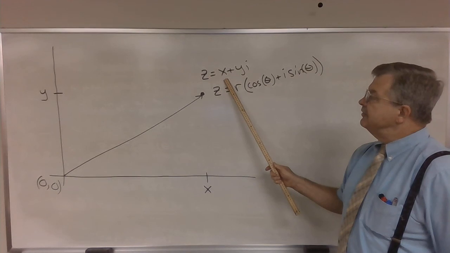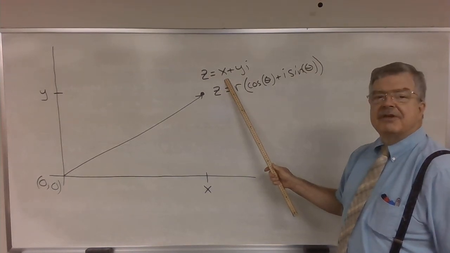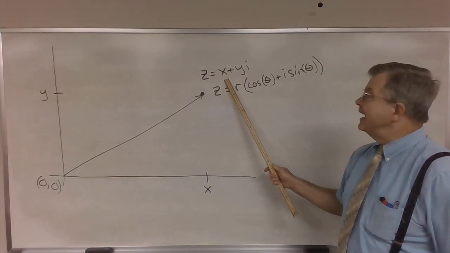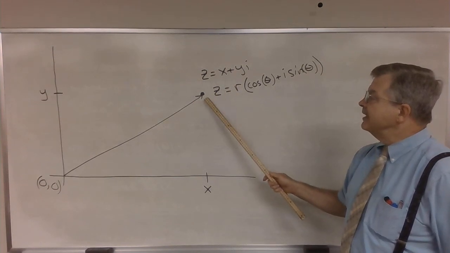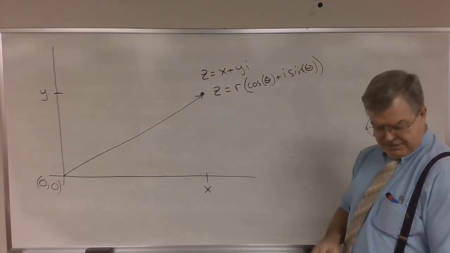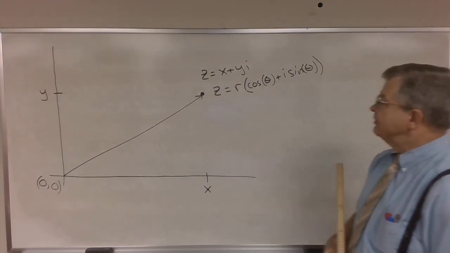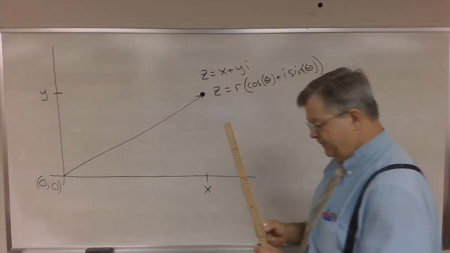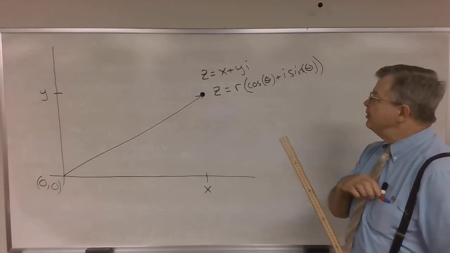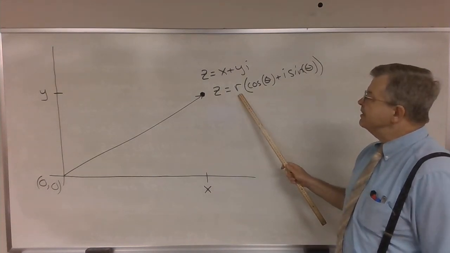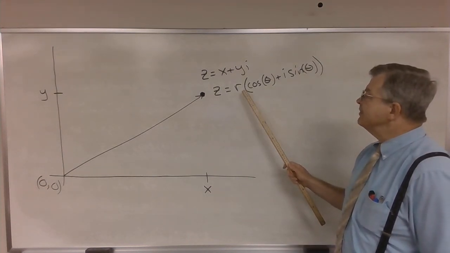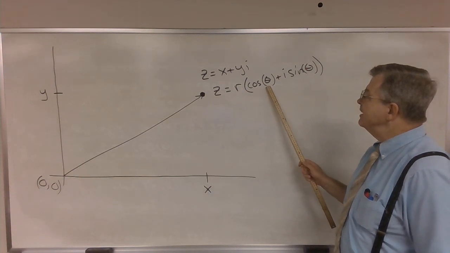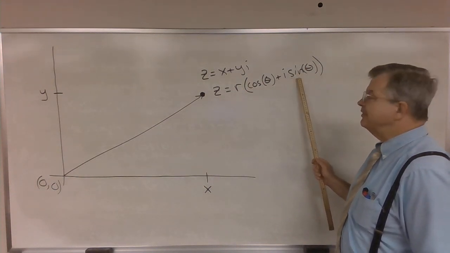Here's the point z equals x plus iy, or x plus yi, in the xy plane. It's this point right here. This point can also be represented in polar form as r times cosine of theta plus i sine of theta.